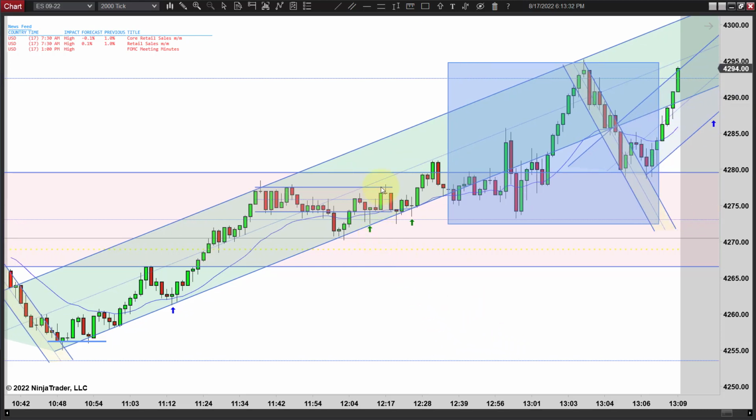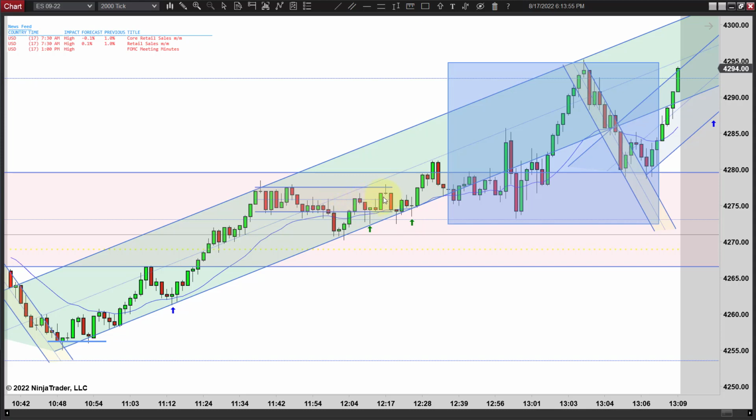But what happens? We run up, we run back down, and we try to go higher again and come back yet again. And this is a triple test, and it's also a second entry long. The problem is that signal bar really worries me. You don't worry so much about a signal bar on a failure or if you get a failed second entry, which is what this is. But again, you've got to be real careful.